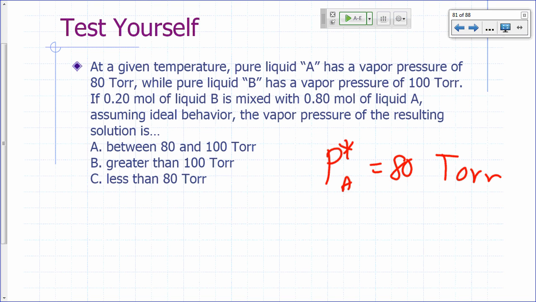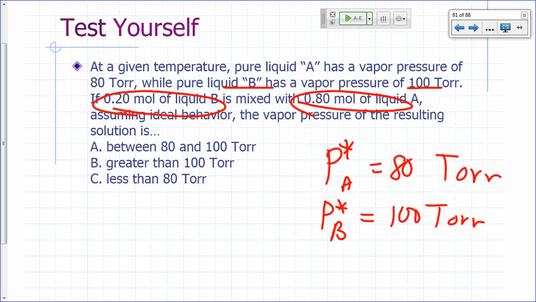And pure liquid B has a vapor pressure of 100 torr. That means P star B, the vapor pressure of pure B, is 100 torr. Now, let's say you mix 0.2 moles of liquid B with 0.8 moles of liquid A. What would be the vapor pressure of the resulting solution?